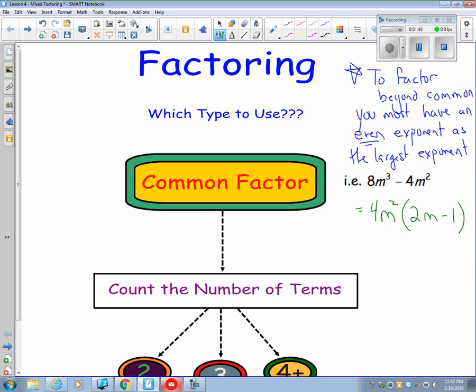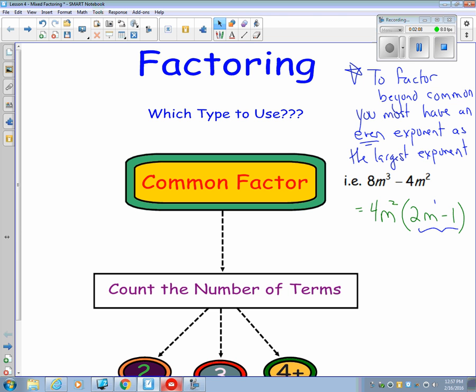Okay, so if I look at this common factoring that I just did, and I check out my bracket, the largest exponent I see in there is a 1. Well, that's not an even exponent, and because it's not even, I cannot go any further. I cannot factor. That's it. That's all. I'm done. That's sort of the way of checking it.